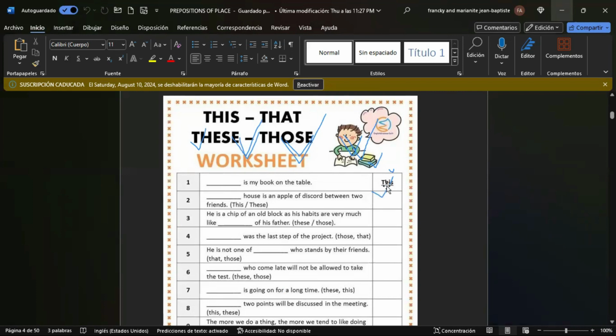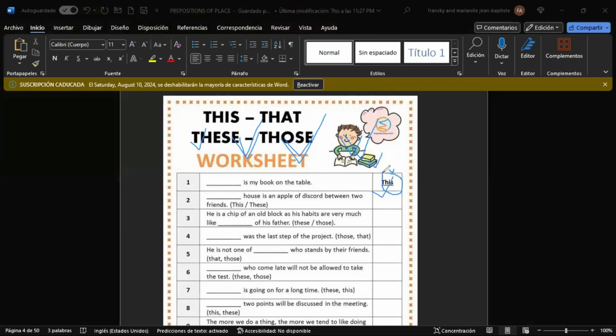Let me show it to you again. Why did they put this in the first sentence? The sentence is, this is my book on the table.